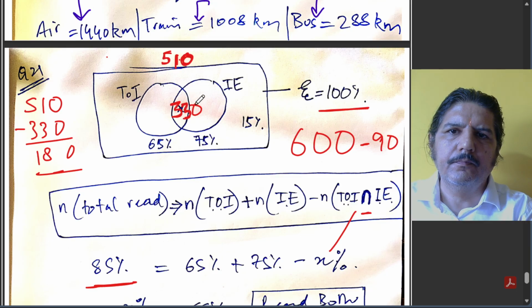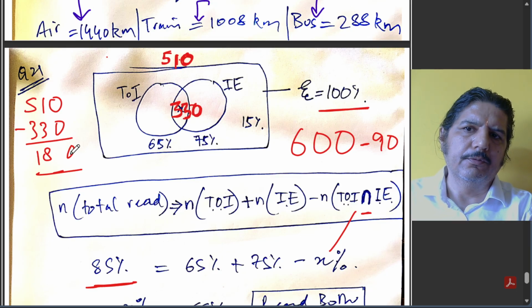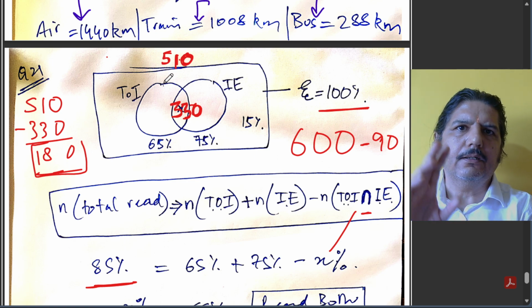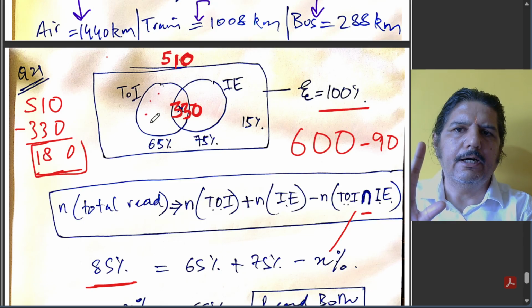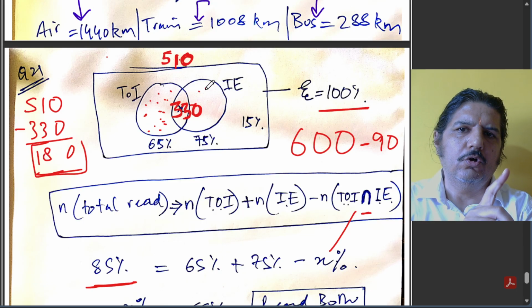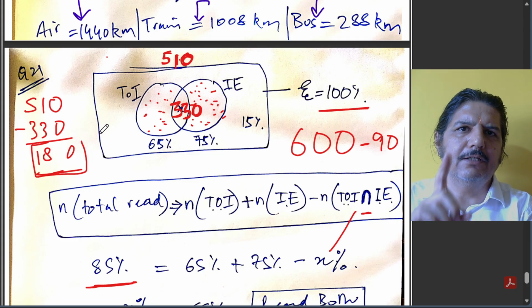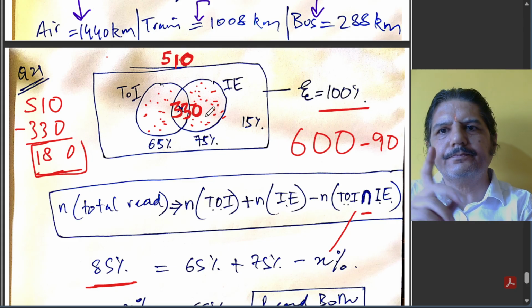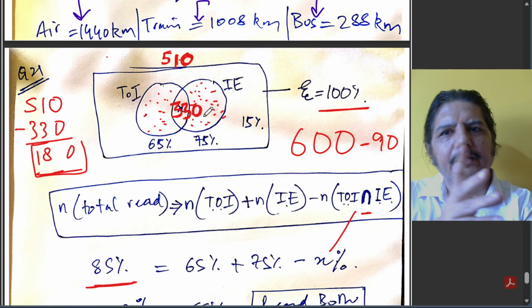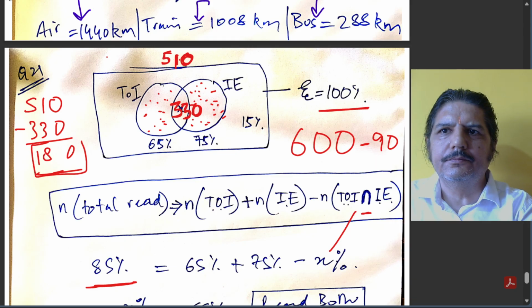The remaining 180 are the readers who read either Times of India, they would be here, or Indian Express. These 180 people, they just read one newspaper. 330 read both the newspapers.